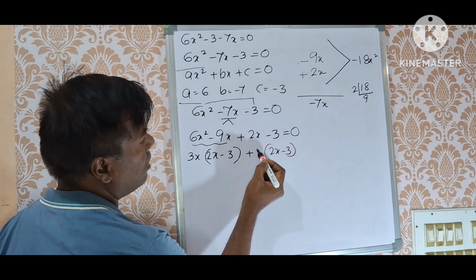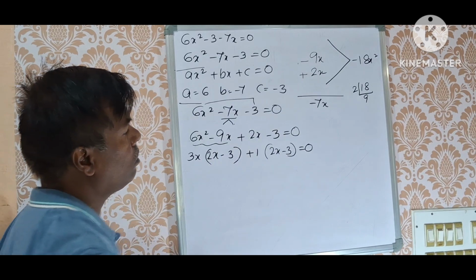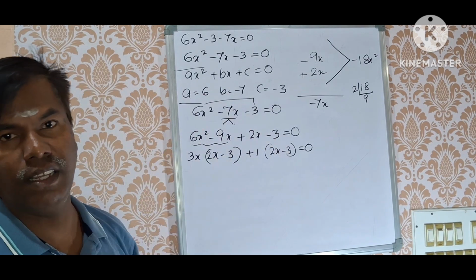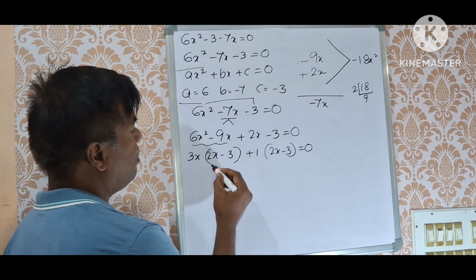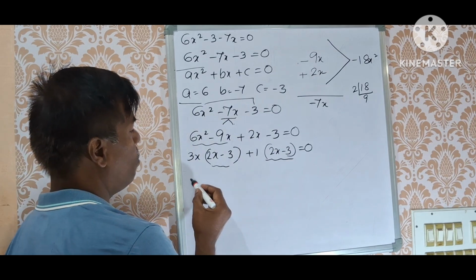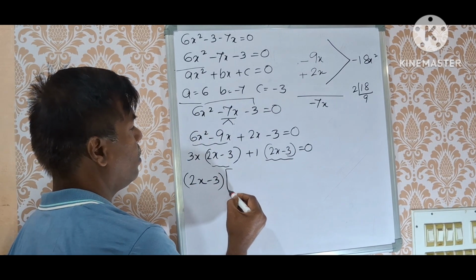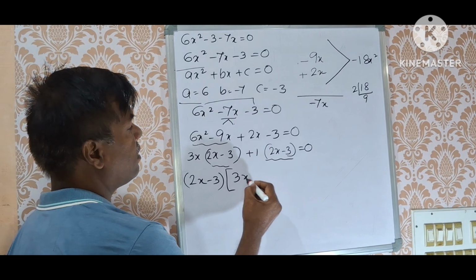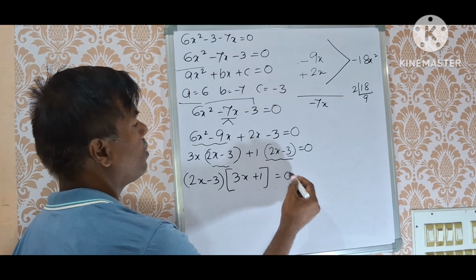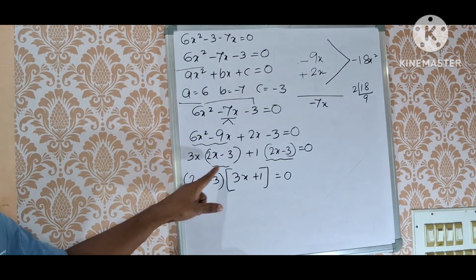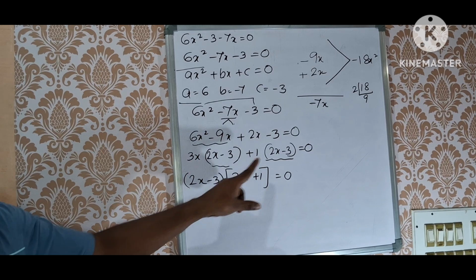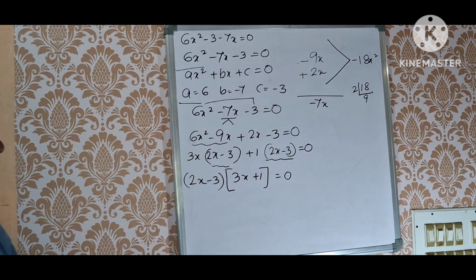So what do I have to write here? Plus 1, so that if I multiply these two, I get this one. So this is common in the whole equation. 2x minus 3, here 3x plus 1 equals 0. Here if I take outside 3x remaining, here if I take outside 1 is remaining.